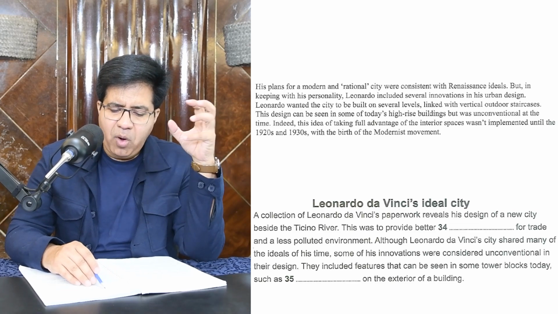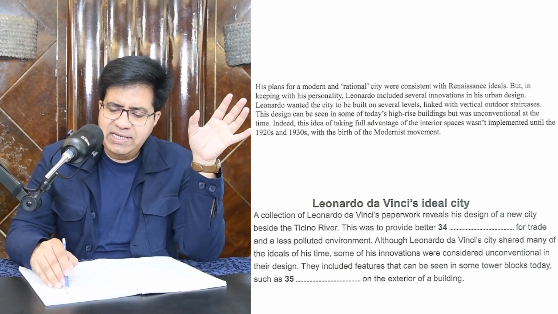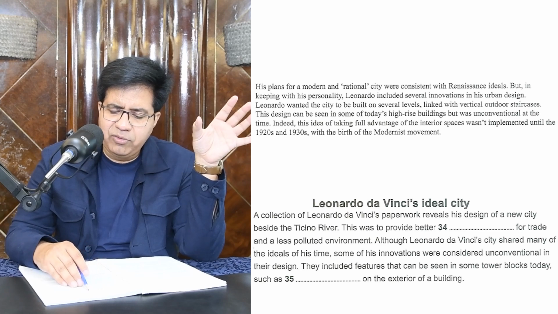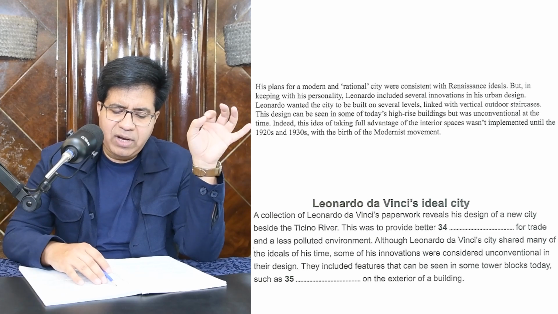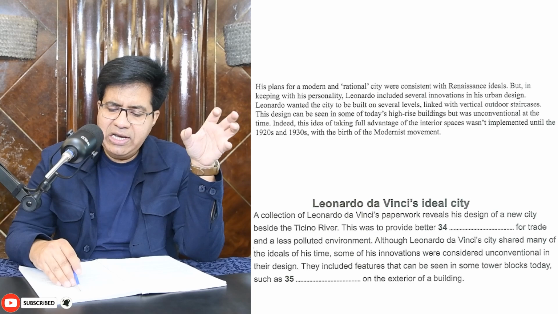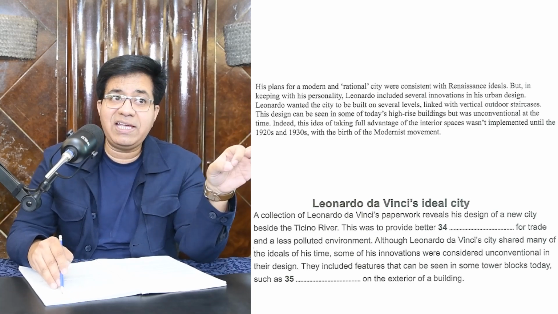His plans for a modern and rational city were consistent with Renaissance ideals, but in keeping with his personality, Leonardo included several innovations in his urban design. Leonardo wanted the city to be built on several levels linked with vertical outdoor staircases.